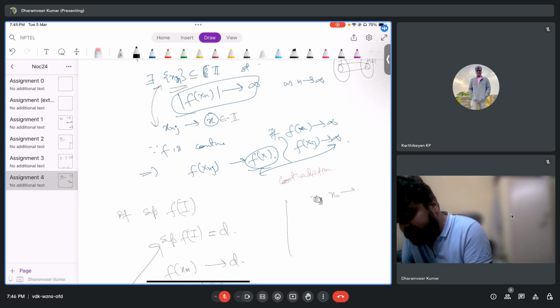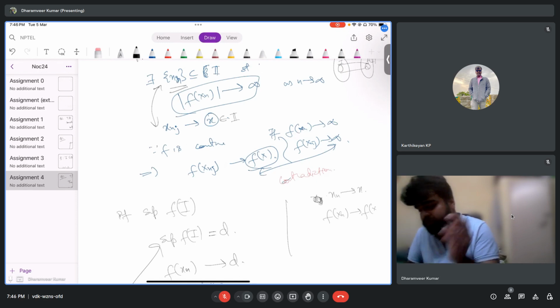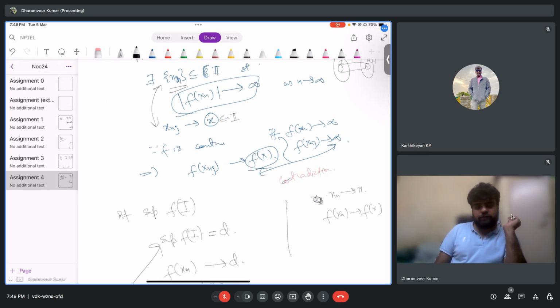If a sequence is converging and if f is continuous, that implies this. So x_nj converges to x, that implies f of x_nj converges to f of x because of continuity.